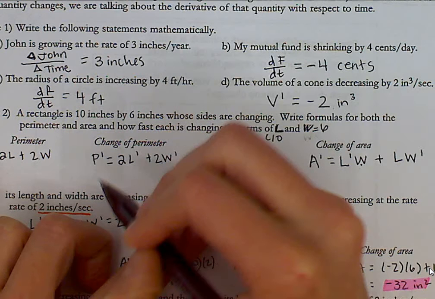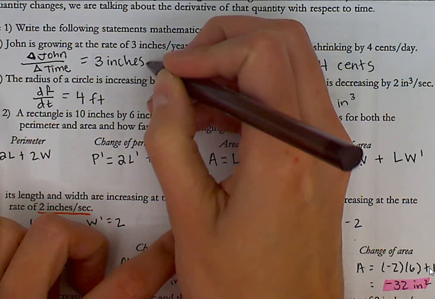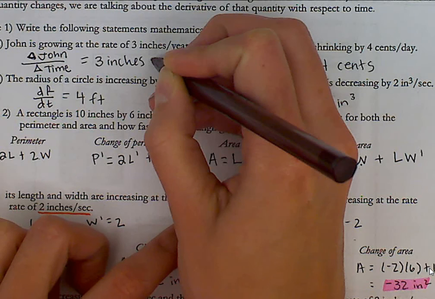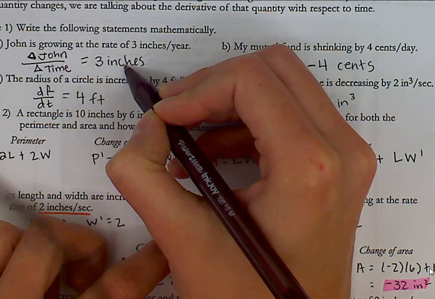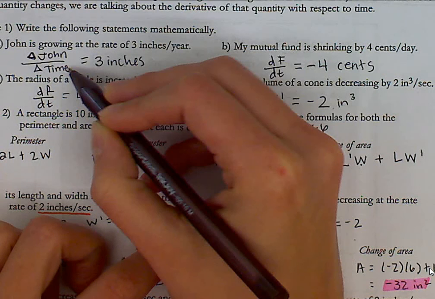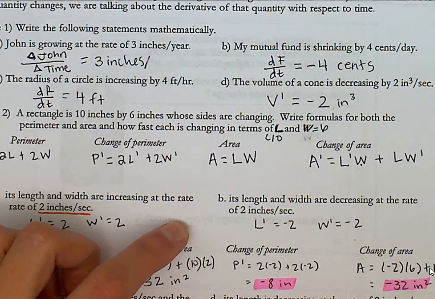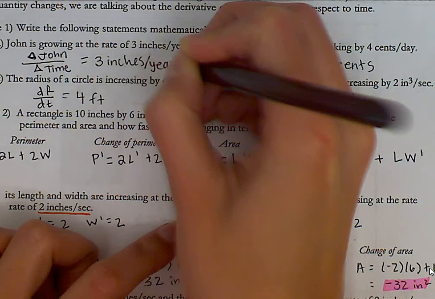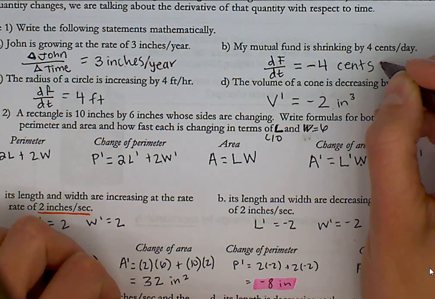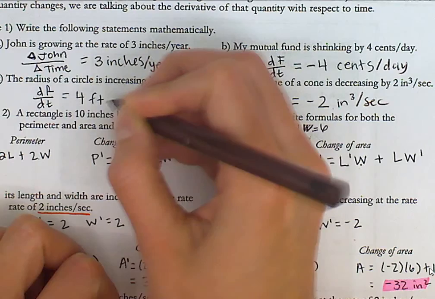And then I realized, no, when we write the units, this still represents change. So John and inches kind of represent each other, and time will be represented with year. So we actually do want this per year up there, and this one would be per day, per second, and per hour. I'm really sorry about that.